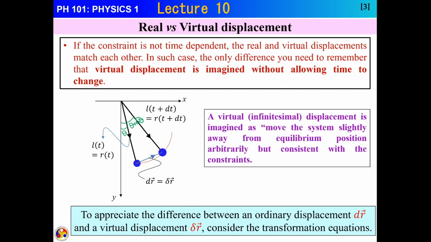Now, in order to consider what exactly the ordinary displacement dr and the virtual displacement delta r are, let us understand using a transformation equation. Then you get the concept very clearly, and when we solve the problem, you can understand even better.